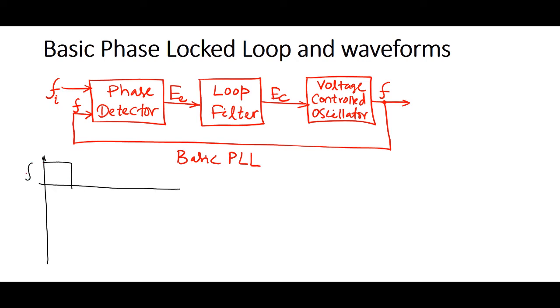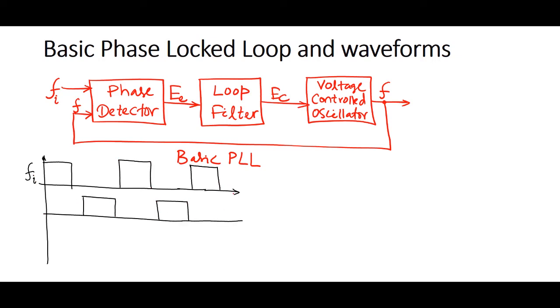This is the reference frequency F(i). Below the reference frequency is the actual output frequency F, and it goes to the phase detector, and the phase detector output we will draw. This is the phase detector output EE, that is the error pulse train.